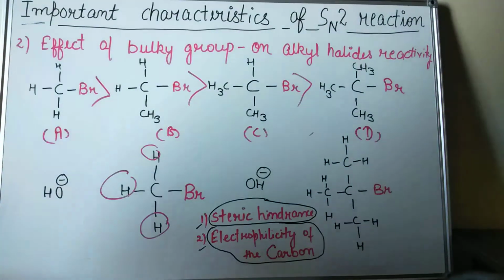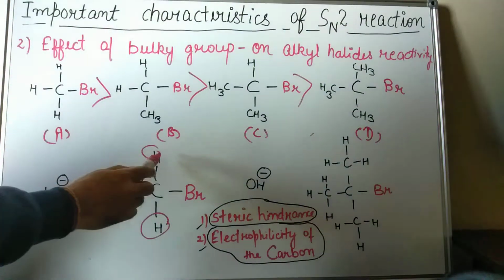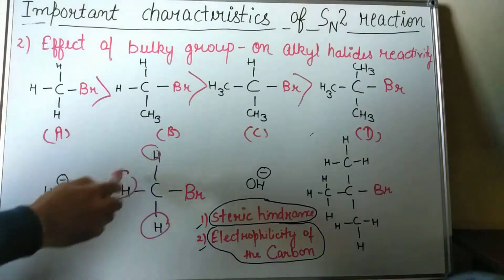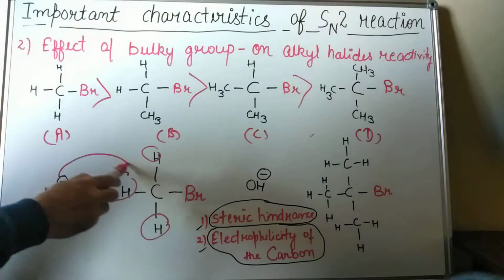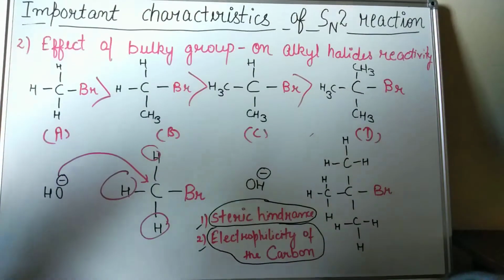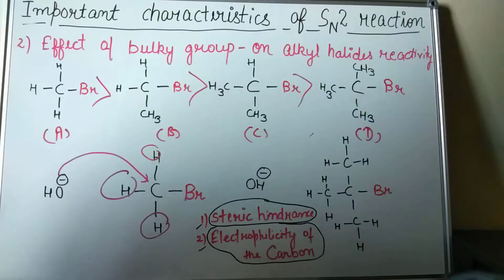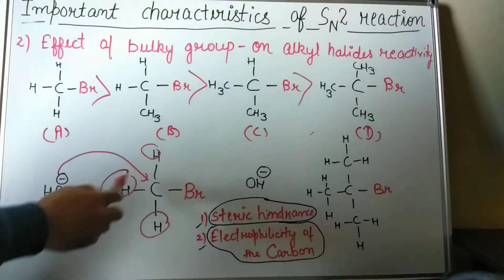Alright. So in case of A, where you have a very small size of 3 hydrogens, you can see that the approach of the nucleophile on the carbon is very easy because the size of the hydrogens is very small.